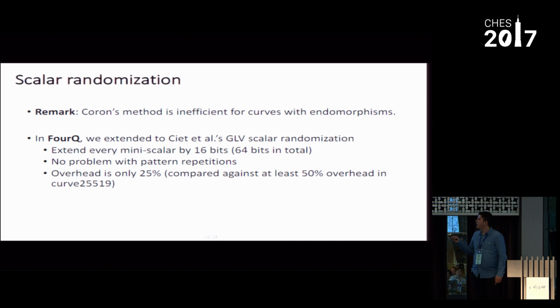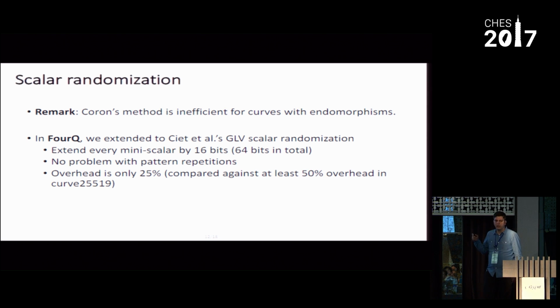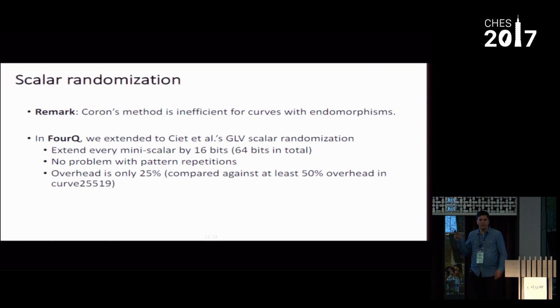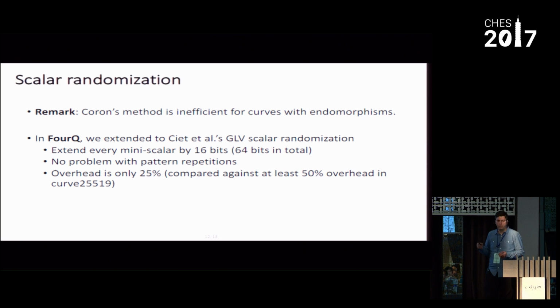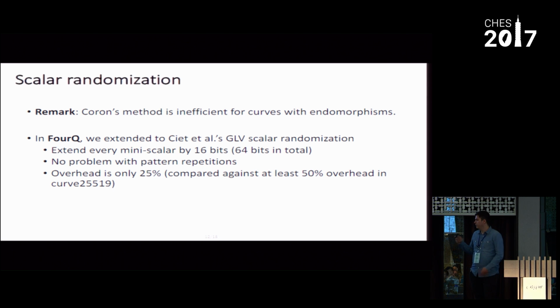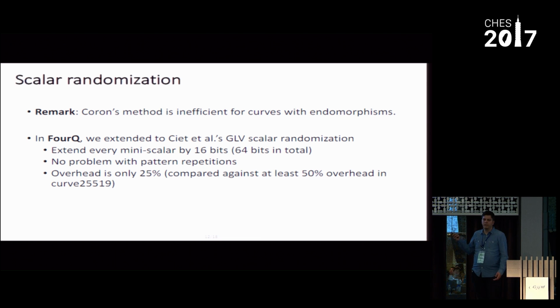Introducing this countermeasure, they will increase by 16 bits. So the main loop of the scalar multiplication will increase by a little bit, not much. We can still have not a full order loop, still a small loop, and we do not need to worry about patterns of repetitions. And the overhead here would be 25%. If you introduce countermeasures in other curves that do not have these endomorphisms, the overhead to include this countermeasure would be a little higher.